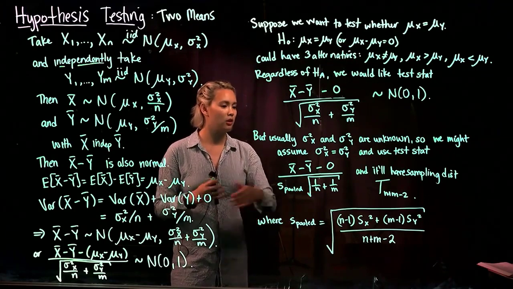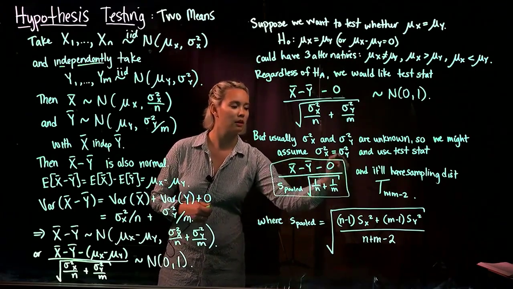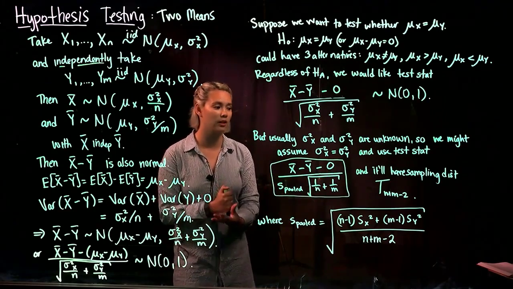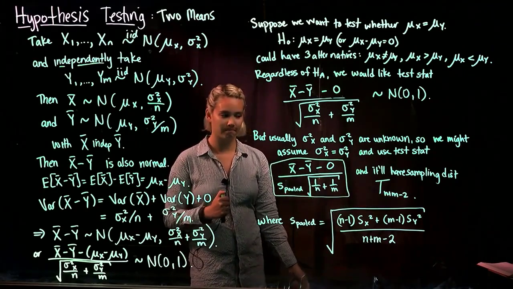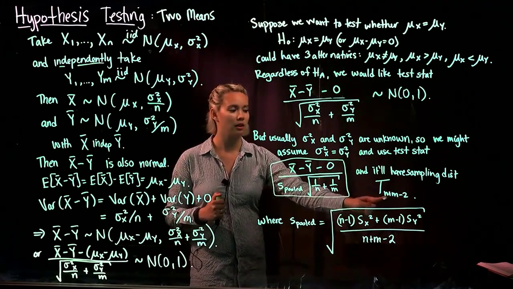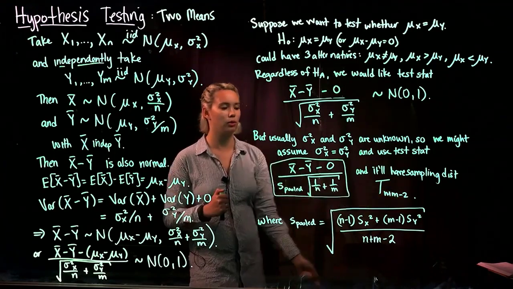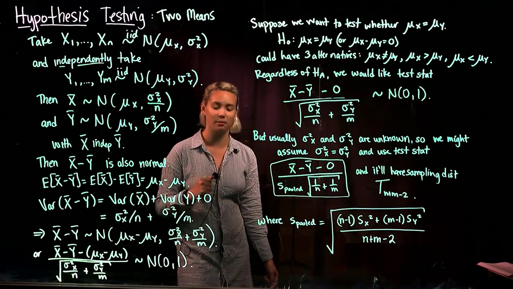All right, so this is the test statistic that we're going to be using. And what is its sampling distribution? It's going to have a t distribution with n plus m minus 2 degrees of freedom. All right, so the sample size of the x's plus the sample size of the y's minus 2. That's going to be the number of degrees of freedom on our sampling distribution.